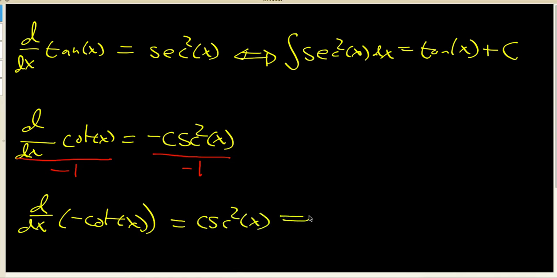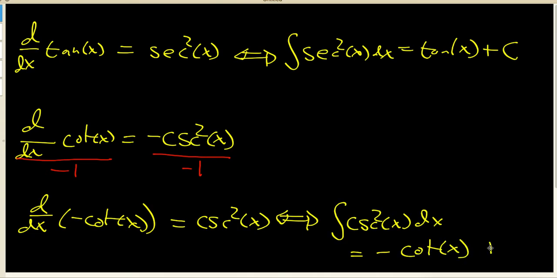And hence, the appropriate integration fact is that the integral of cosecant squared of x can be written as minus the cotangent of x plus any constant that we want to add.